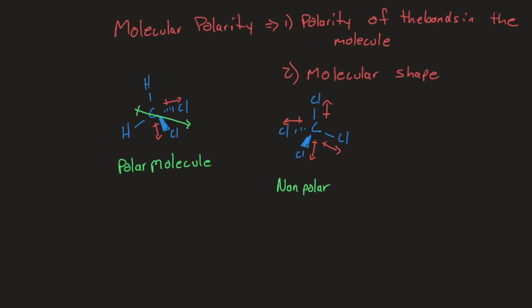So in order for a molecule to be polar, it must both be composed of polar bonds and be asymmetric. Right. So in the case of carbon tetrachloride, this molecule is completely symmetric.